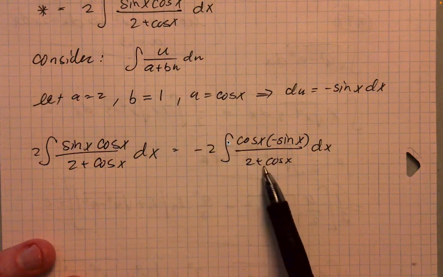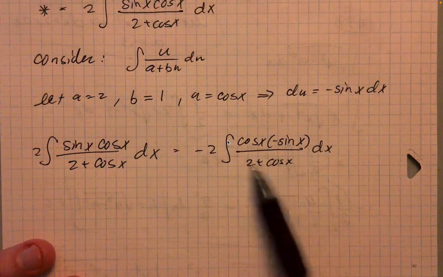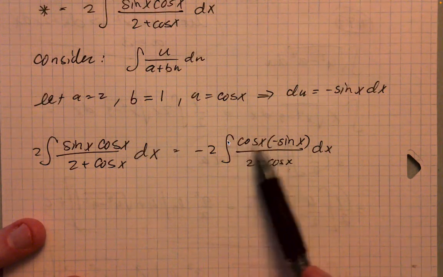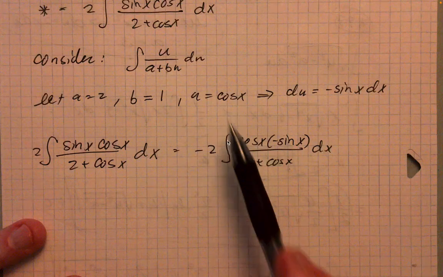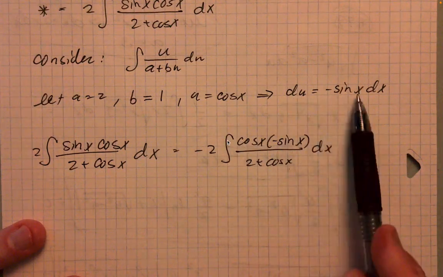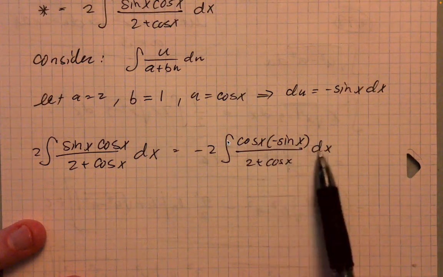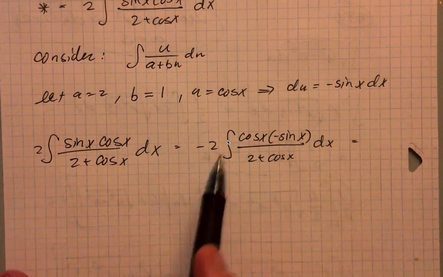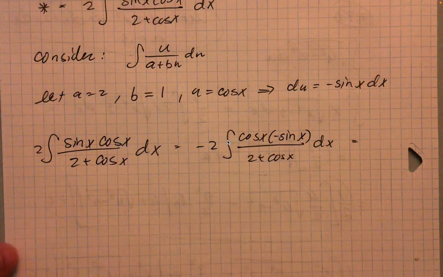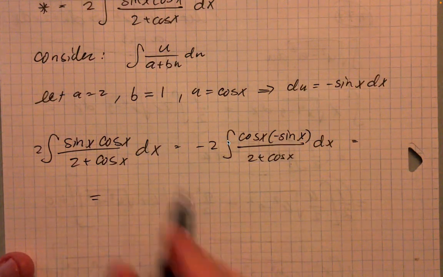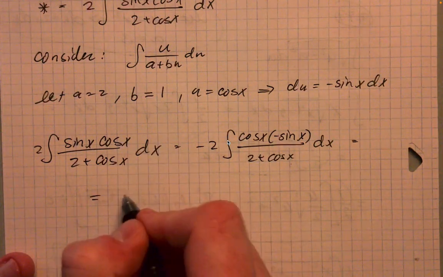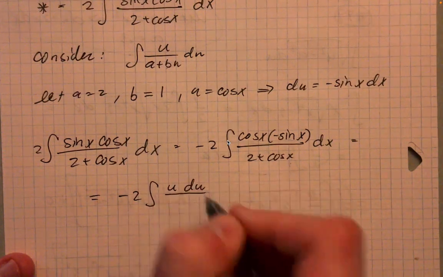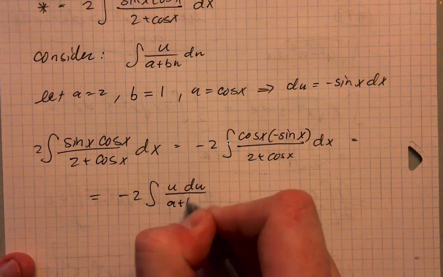A is 2, b is 1, and u is cos. So a plus bu is satisfied. Now if we're letting u be cosine, then we've got the u up top to match that. And then du we found is negative sine x dx. So this one perfectly matches. It's a little bit unintuitive because you may be scanning around looking specifically for cosine and sine, but this one does work. So this will give you negative 2 times the integral of u du over a plus bu.